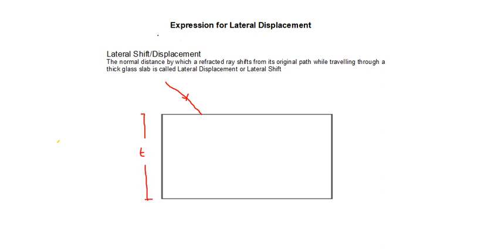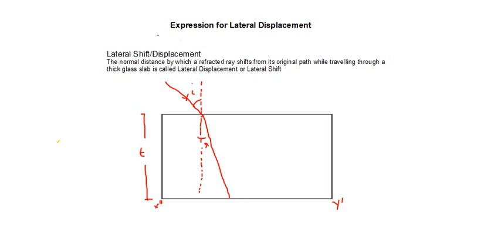It is incident at an angle I. After refraction, this ray travels along R at the second interface, that is x prime, y prime.